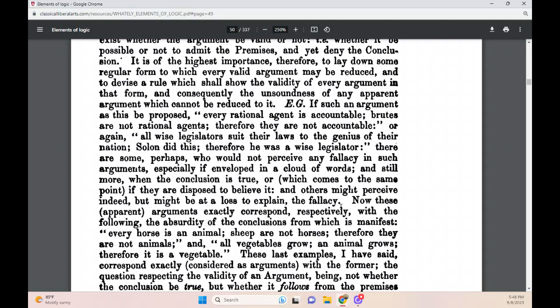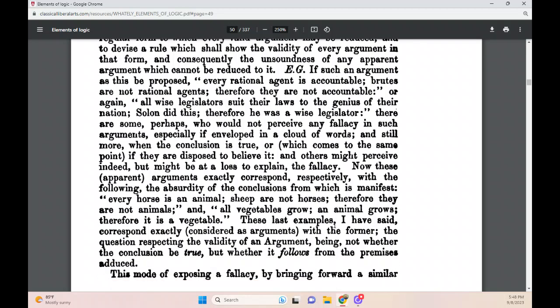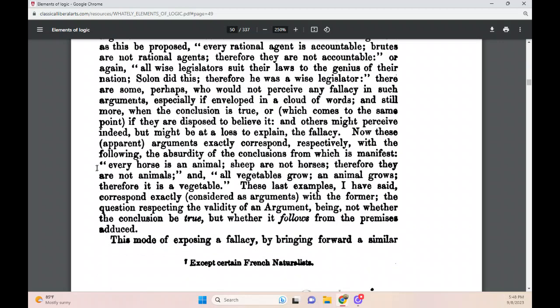Let's pick up down here. Now these apparent arguments exactly correspond with the following: the absurdity of the conclusions from which is manifest. So what the author does here is he presents an argument in the same exact form as the other two arguments, but the conclusion is not true.